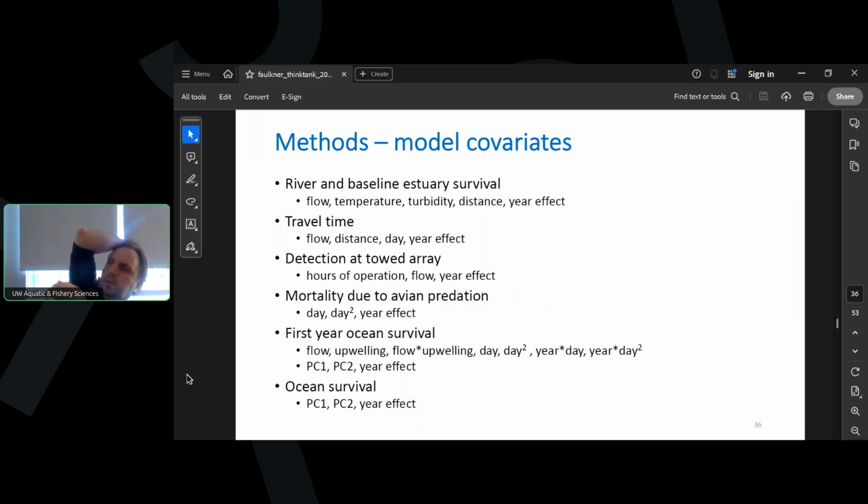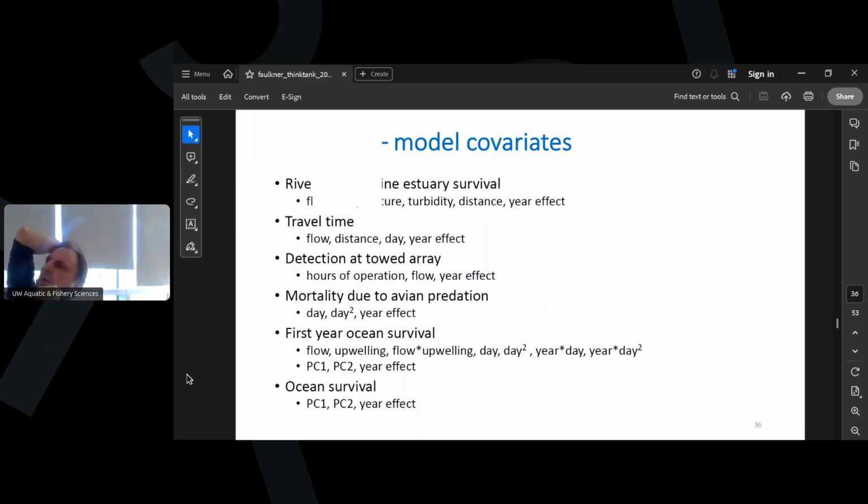PC1 and PC2 are principal components on a suite of annual ocean conditions that Brian Burke had come up with in the past. I was just using that to simplify things. And then PC1, PC2, and the year effect are shared between the two with the ocean survival.